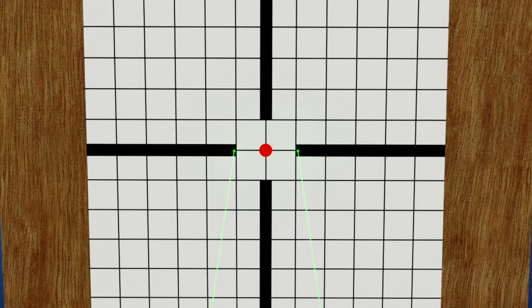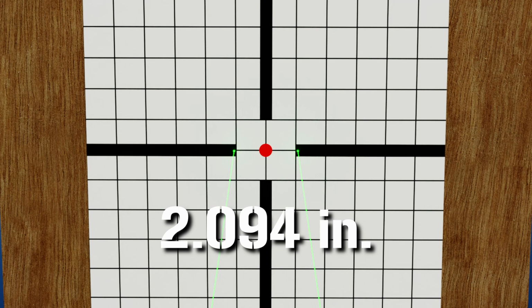All right, but seriously, with the increased distance to the target now, the lasers are able to spread further apart even though the angle at their origin didn't change. With the target moved back to 200 yards, the lasers will hit the target with a distance of 2.094 inches between them. Again, this exact number is usually just rounded down to 2 inches in this case.